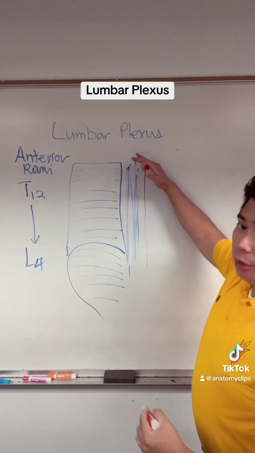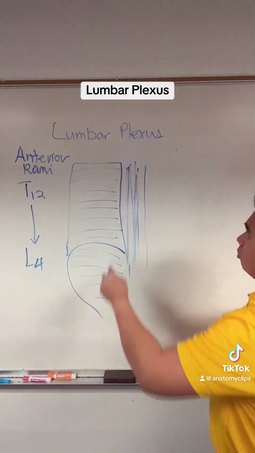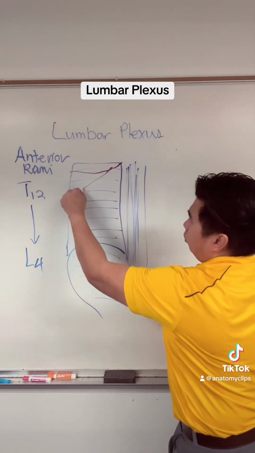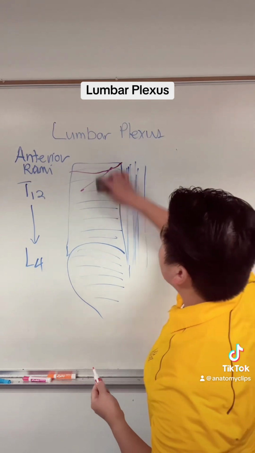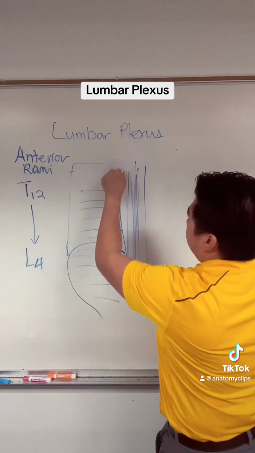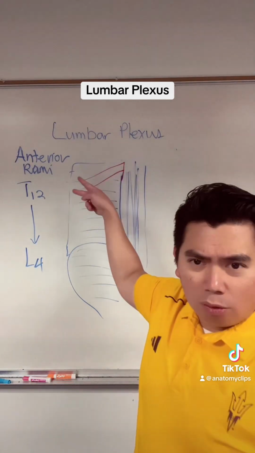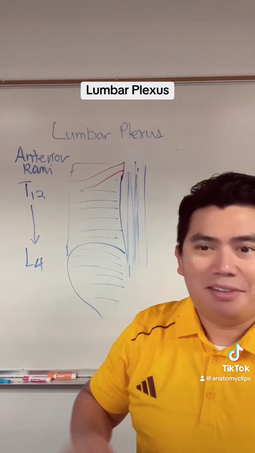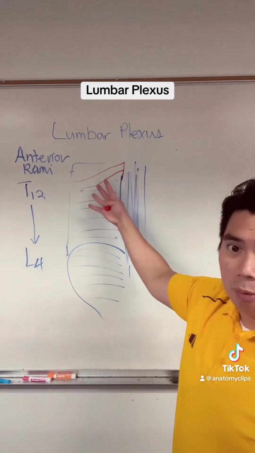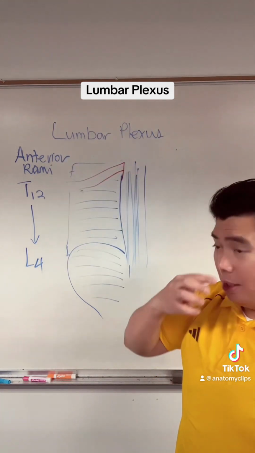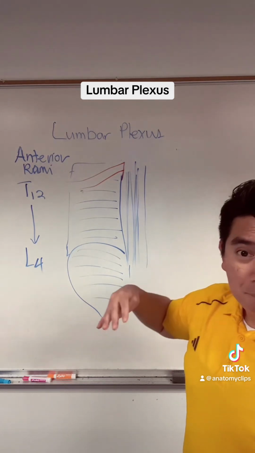So on the superior portion of the iliopsoas muscle group, you can either have one branch that will split into 2, or you can have 2 branches that are separate. But you will always see those 2 branches regardless. Out of those 2 branches, which one would be the most superior and which one would be the most inferior?